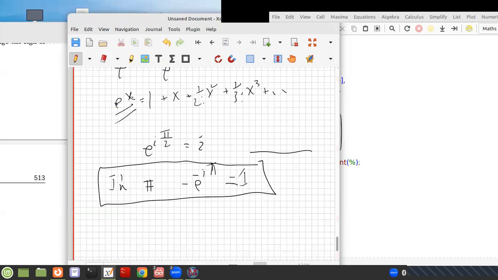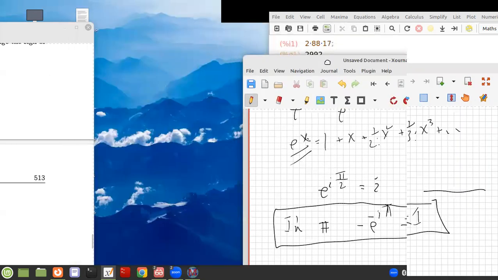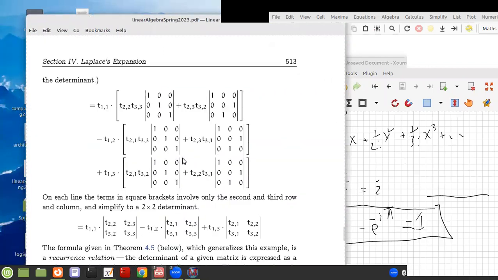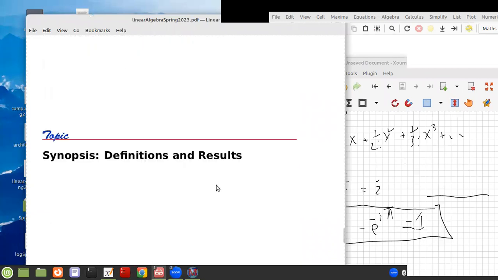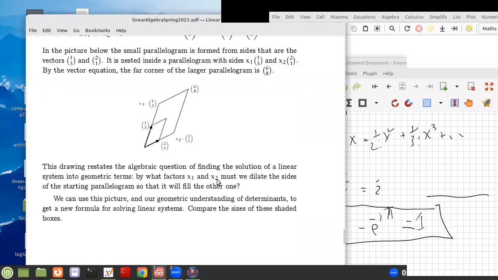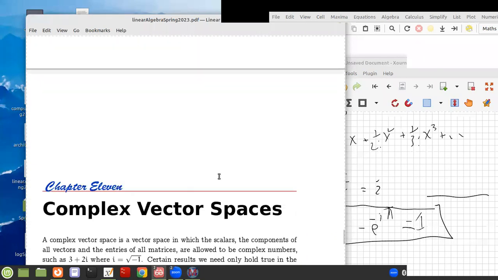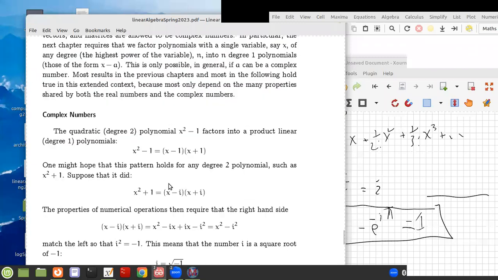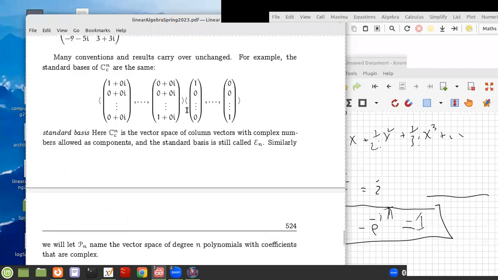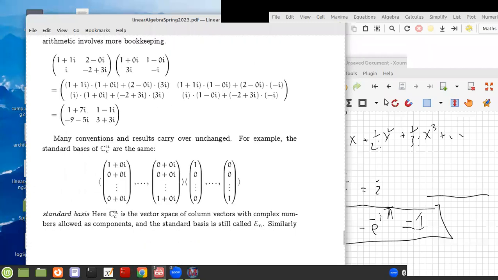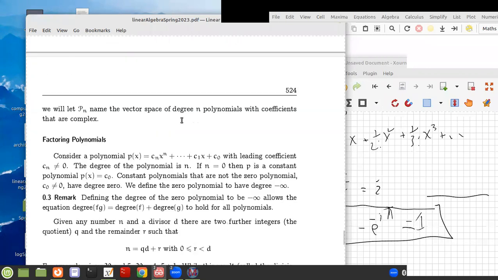But that's sort of the whole mathematics of complex numbers that we don't need. That's too forbidding. What we have here in this chapter, if we ever get there, is complex vector spaces. It does a little bit of complex numbers and is just introducing.